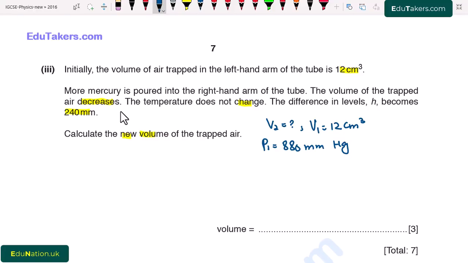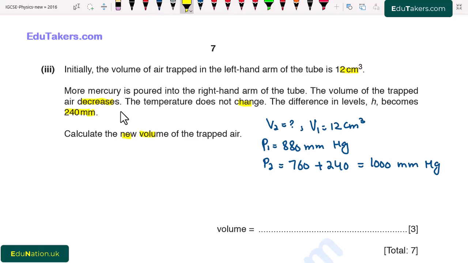When the volume decreases, the difference of height becomes 240 millimeter. It means that the final pressure changes, and it will be the sum of atmospheric pressure plus 240 millimeter Hg. So P2 is equal to 760 millimeter Hg, which is due to the atmospheric pressure, plus 240, which is the new pressure exerted by the mercury. So it becomes 1000 millimeter Hg.